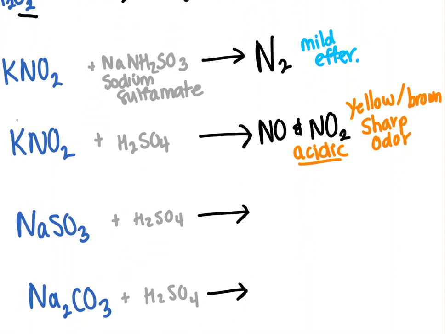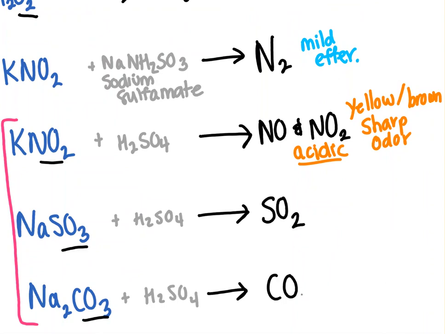are kind of similar, and so you can kind of memorize these together. If you look at the formulas, you can kind of tell what they're going to make. Okay, and you may know carbon dioxide is odorless, colorless, so that's not interesting.